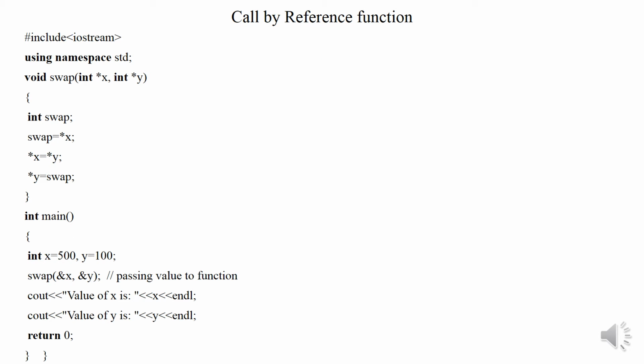The next type of function is call by reference function. In that, we store the value in the memory. We do not refer to the parameter name.